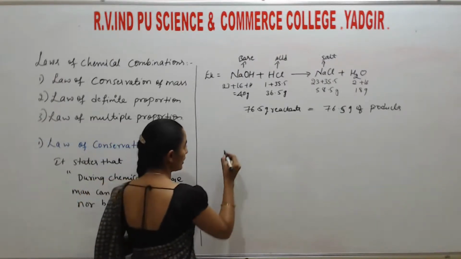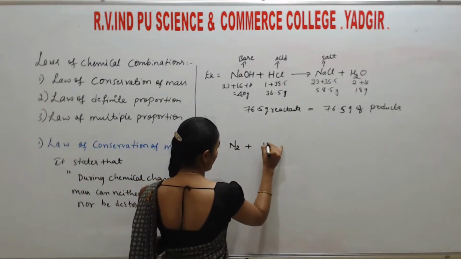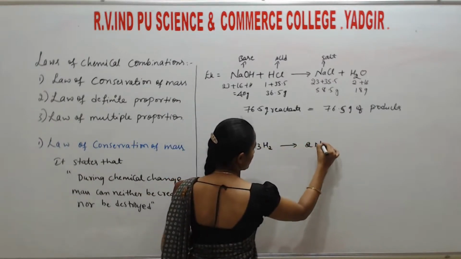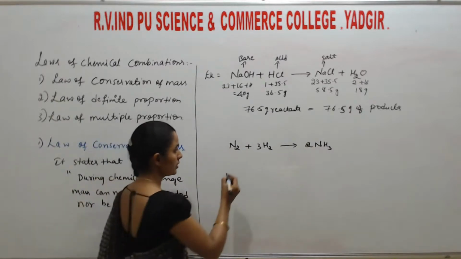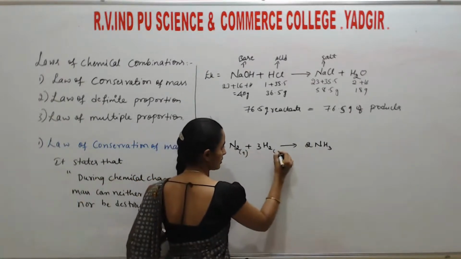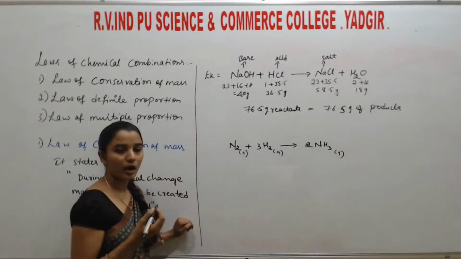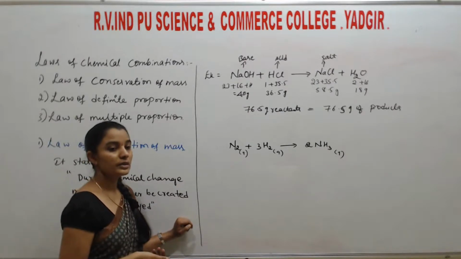So next, similarly, nitrogen reacts with hydrogen to give NH3. Here also, students, this is a gas, this is also a gas, this is also a gas. Nitrogen is different, hydrogen is different, and NH3 is different. Their chemical behavior changes.